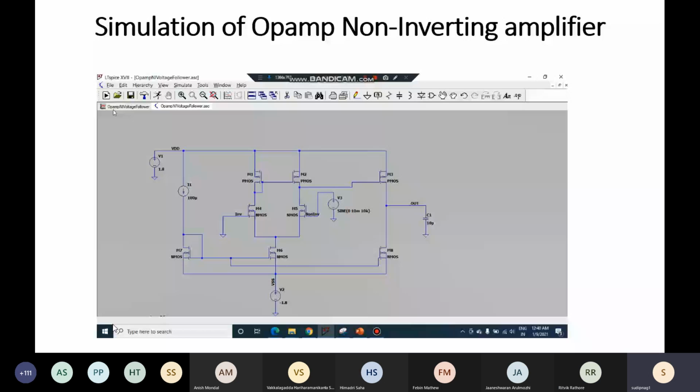It's not mandatory that you keep that capacitor. But if you don't keep it and you apply a square wave at the input instead of a sine, you'll find lots of glitches at the output. That means there will be sharp spikes during the transitions.